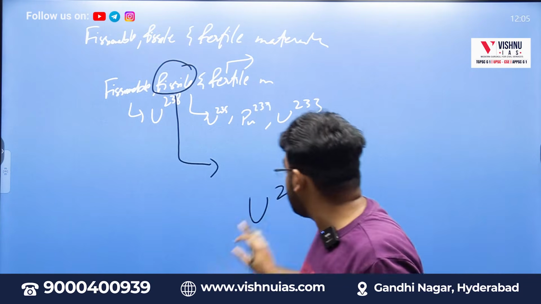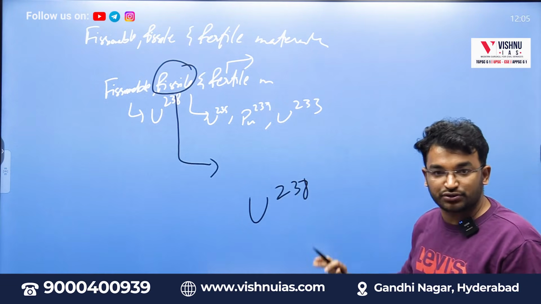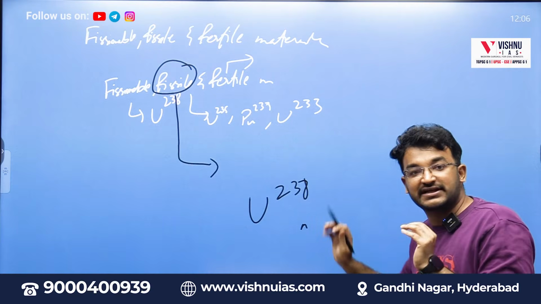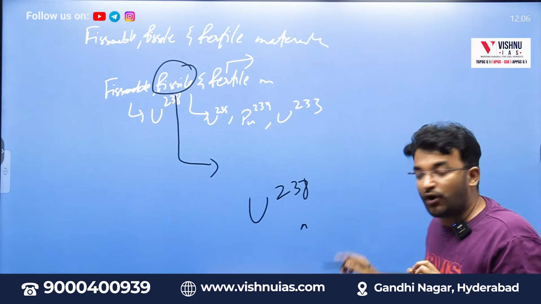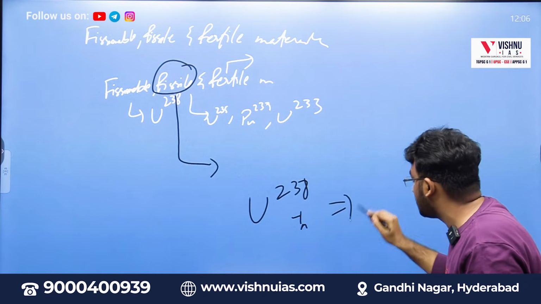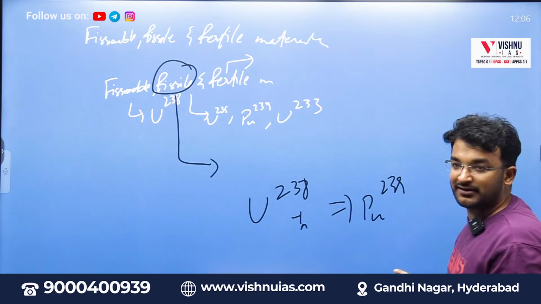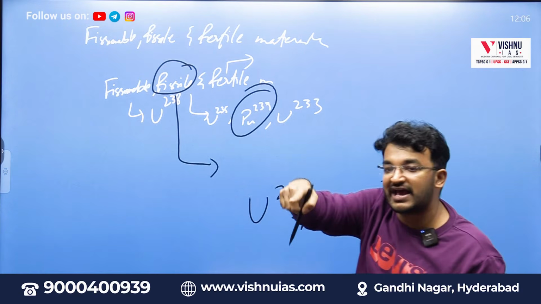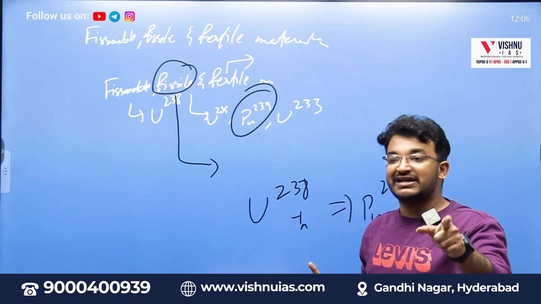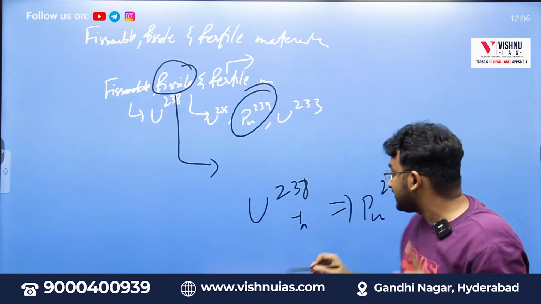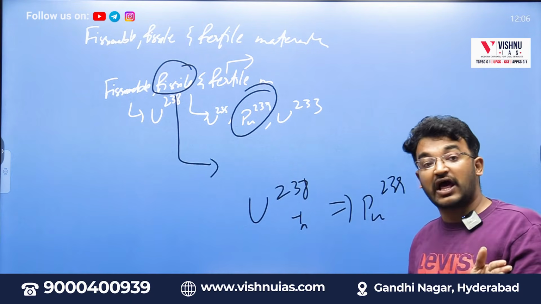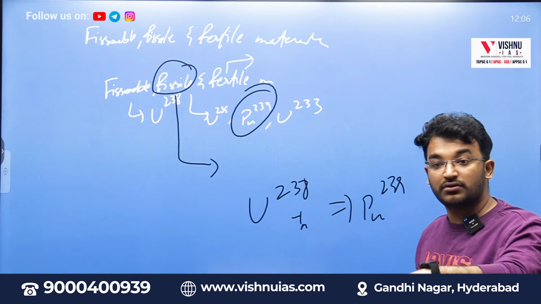Understood? For example, take the case of 238. What happens here? We are adding one neutron to it. If we are adding this neutron, this becomes plutonium 239. We had identified plutonium 239 as fissile and uranium 238 as fertile. That means fertile cannot produce nuclear energy, but fertile are those materials which can be changed to fissile.